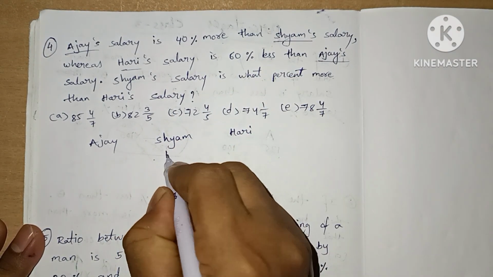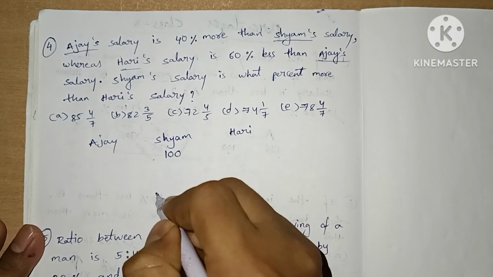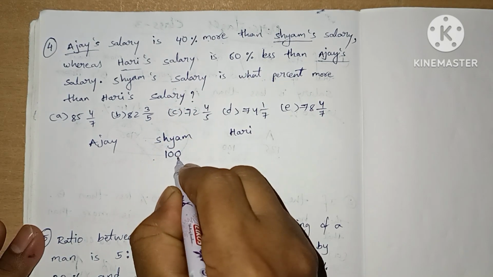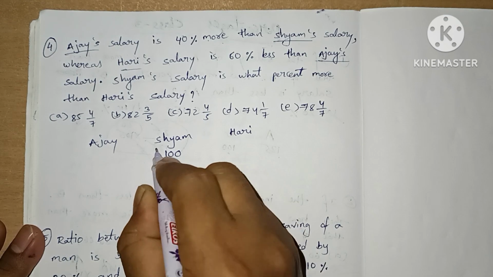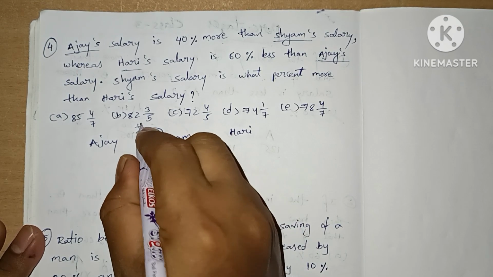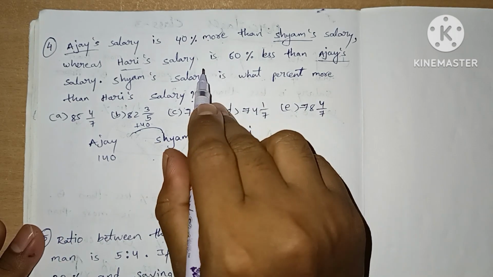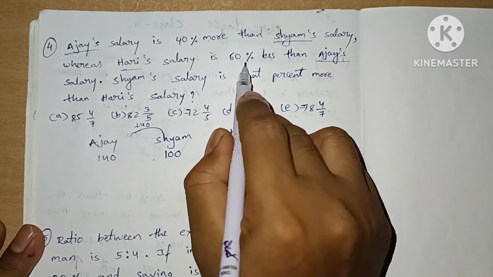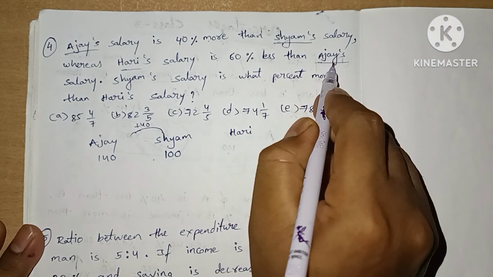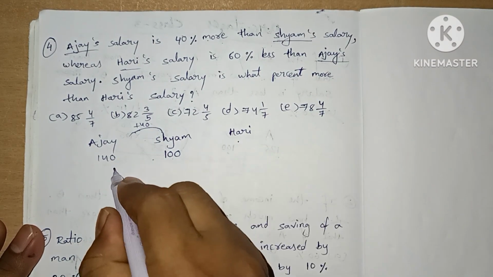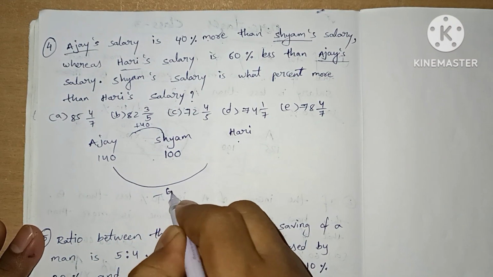So let's take Shyam's salary as 100. 40% of 100 will be 40. 40 more means 140. Now Hari's salary is 60% less than Ajay's salary. So Hari's salary is 60% less.